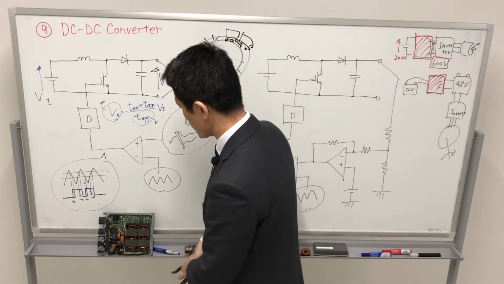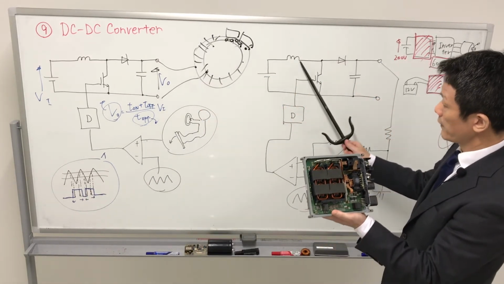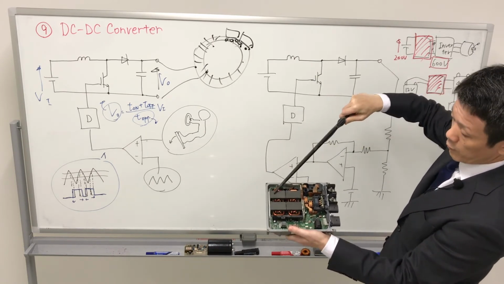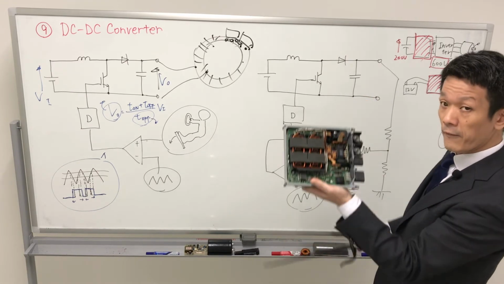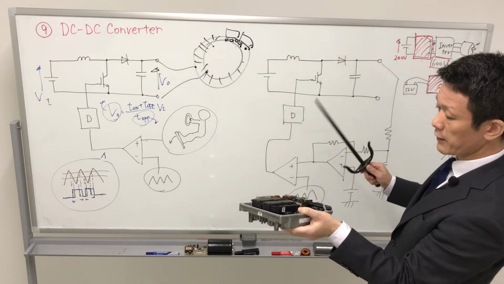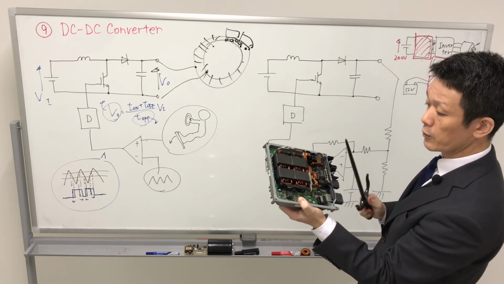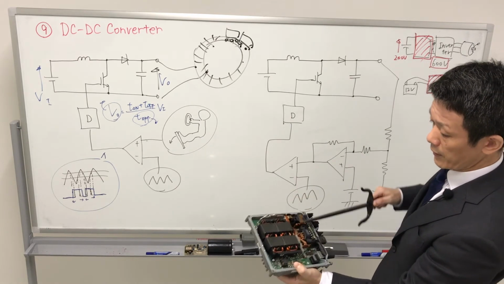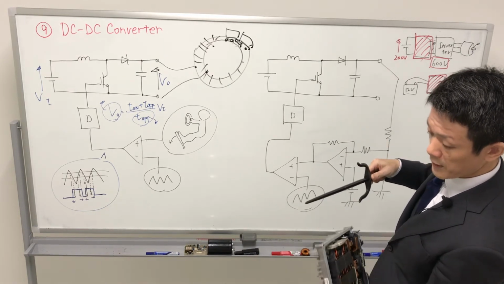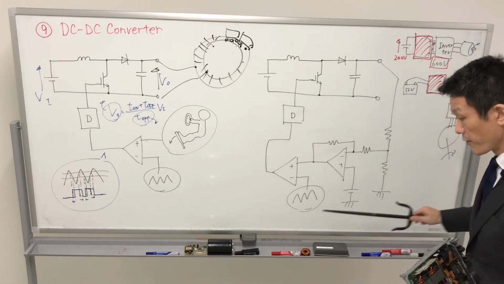We have mentioned this SQ7 DC-DC converter. The inductors are connected in parallel, four phases, so there are four inductors. The power semiconductor is under the inductors, and the control circuit is here, or on the opposite side of this PC board.